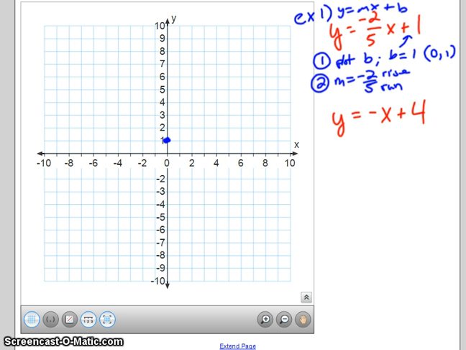Negative 2 down, 1, 2, and then run positive 5, so we go right, 1, 2, 3, 4, 5. You don't have to draw the jumps if you don't need to. It's very important to draw as accurate a line as possible. I'm going to do my best.